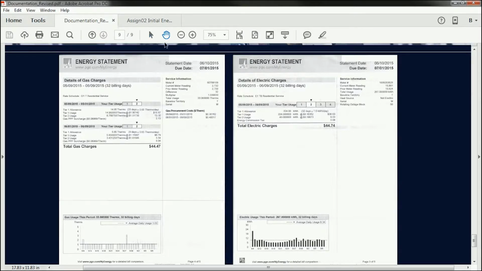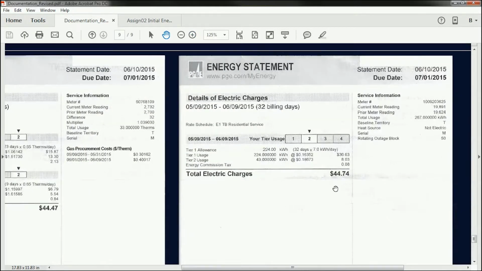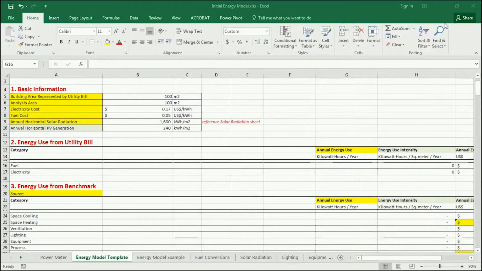So let's start with electricity use. I've got here 267 kilowatt hours that were used in May, and that's all I've got right now, so I'm going to take that 267 kilowatt hours and then multiply by 12, 267 times 12, to get a total for the year.